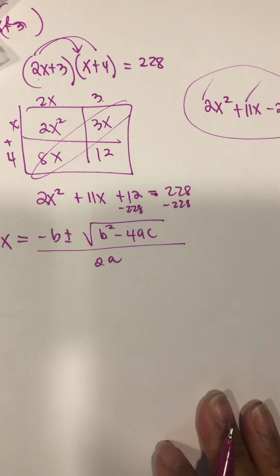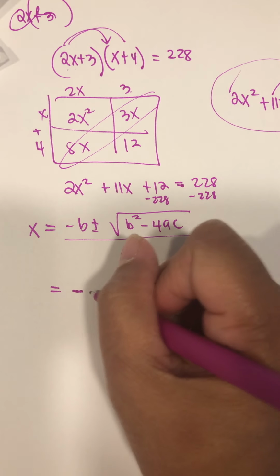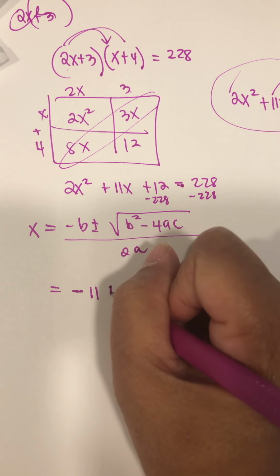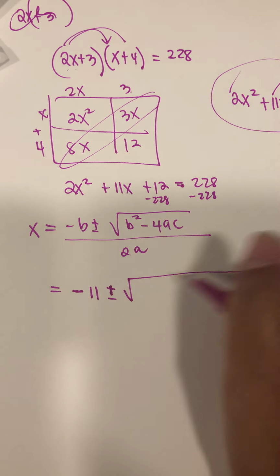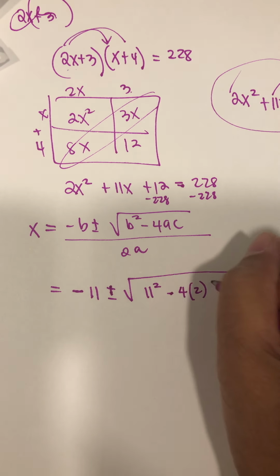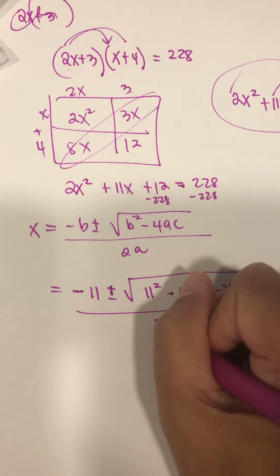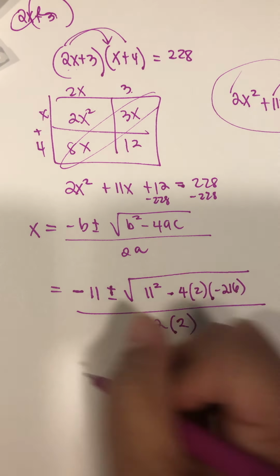All right, so we have negative 11 plus or minus the square root of 11 squared minus 4 times 2 times negative 216, over 2 times 2. Okay?